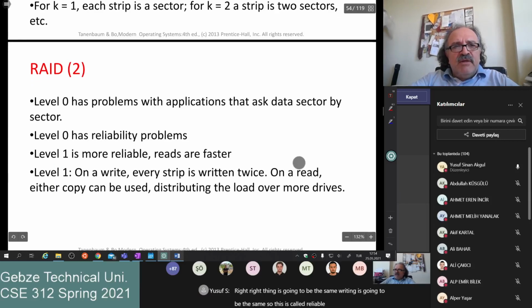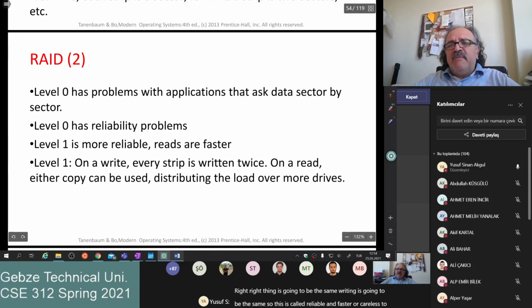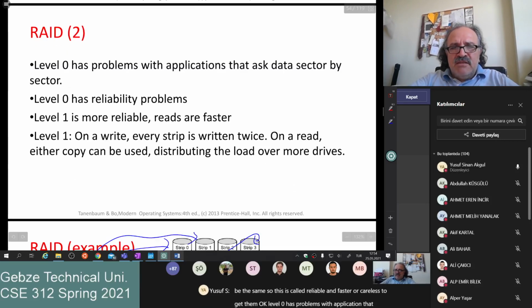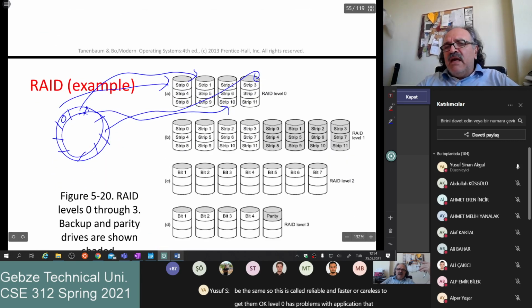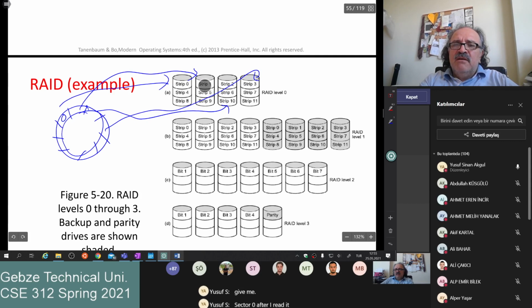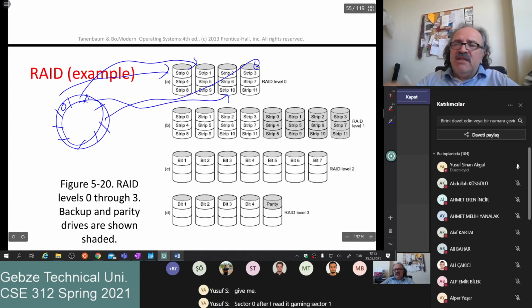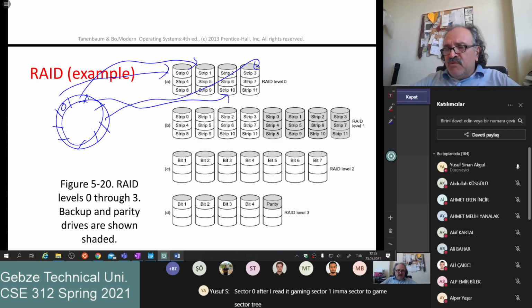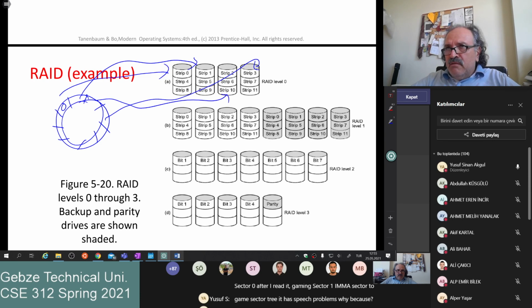Okay, let's look at them. Level 0 has problems with applications that ask for data sector by sector. If the application says give me sector 0, and after I read it, give me sector 1, give me sector 2, give me sector 3, it has speed problems. Why? Because I am accessing the disk one by one.